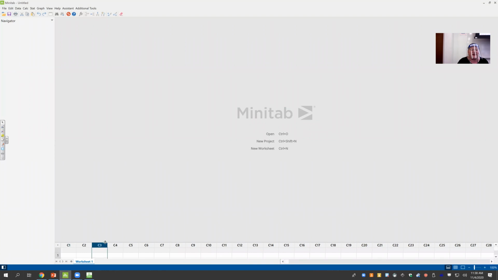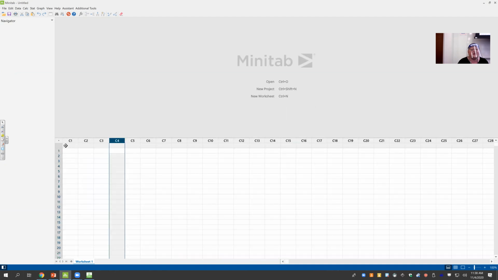So I'm in Minitab. For column 1, I'm going to enter the numbers for Atlanta. So I'm going to label it Atlanta. For Atlanta, we had 59, 62, 58, 63, and 61. Then I go back to column 2. I label it Boston.